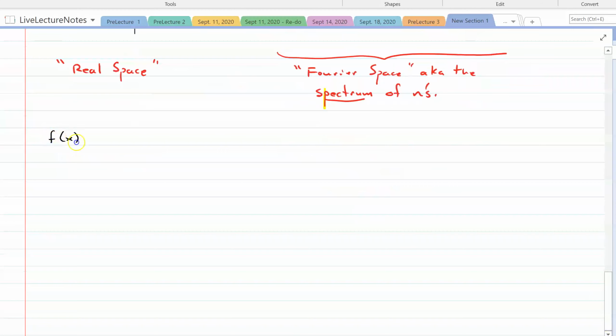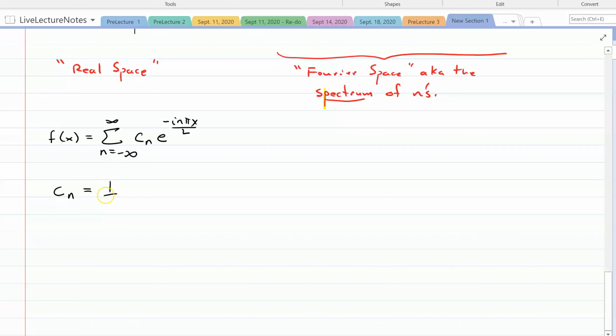So f of x is equal to the sum over n equals minus infinity to infinity of these numbers c_n, e to the minus i n pi x over L. And then we have the reverse, which is c_n equals 1 over 2L, integral from minus L to L, f of x e to the i n pi x over L.